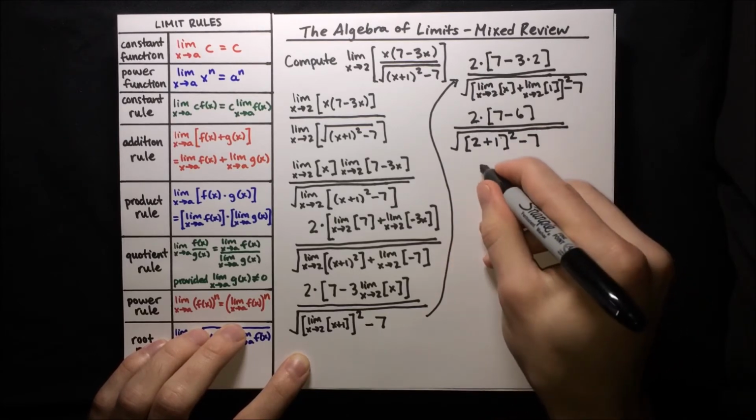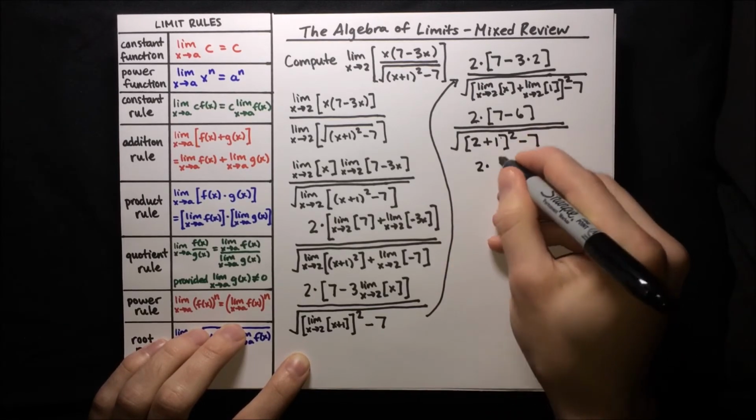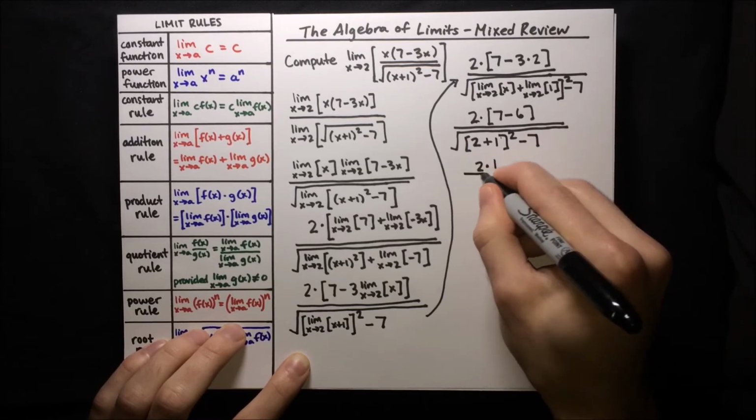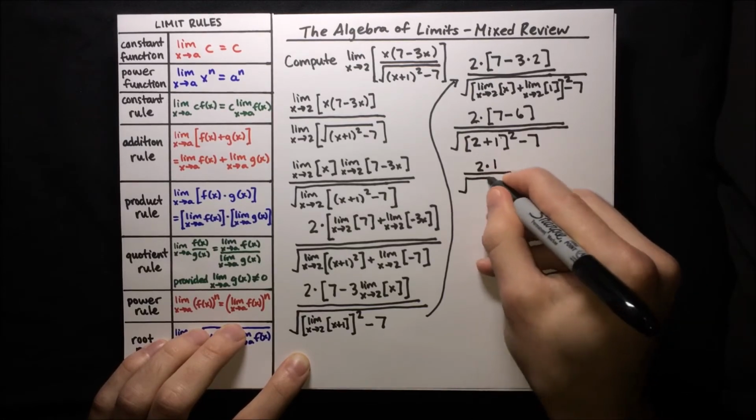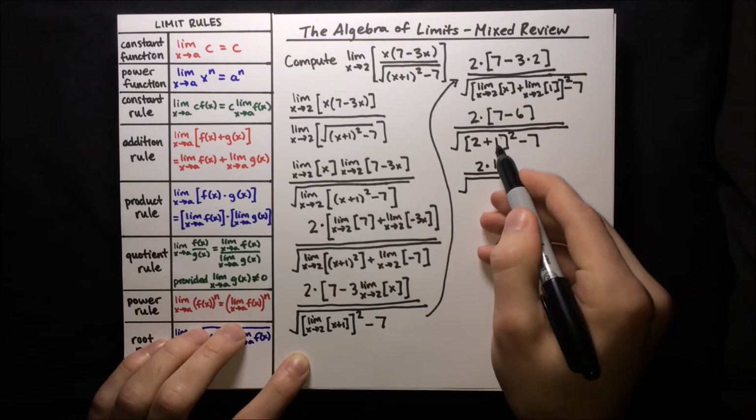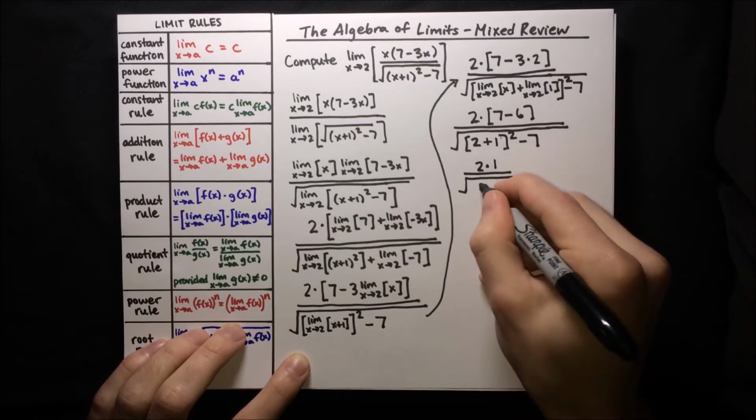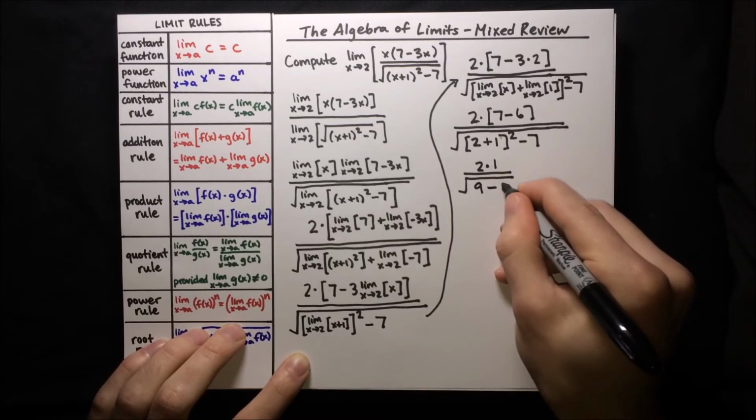So the numerator goes to 2 times 7 minus 6 is just 1 over square root of 2 plus 1 is 3, and then 3 squared is 9, and then minus 7.